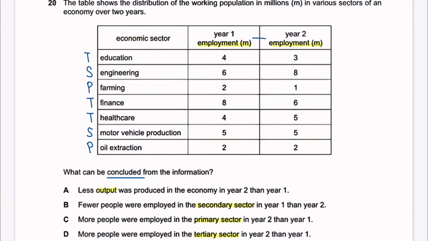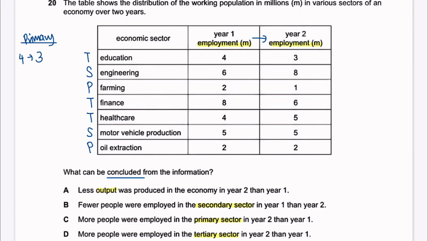Okay, so let's see. From year 1 to year 2. First, let's calculate the changes in the primary sector. Farming and oil extraction: 2 plus 2, 4 in year 1, and year 2 is 1 plus 2, 3. So it actually reduces.